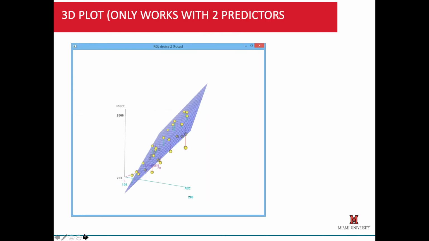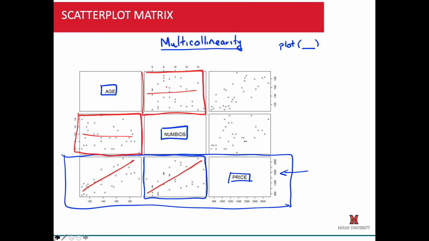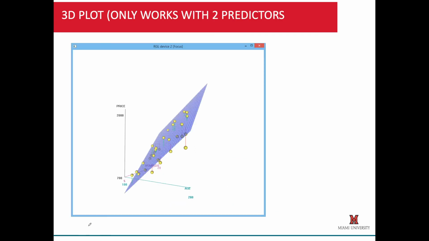We are going to see later on how a model is represented in 3 dimensions. In all of these cases here, we're seeing how each individual variable predicts the price. But when you put those together, what you get instead of a line is a plane.